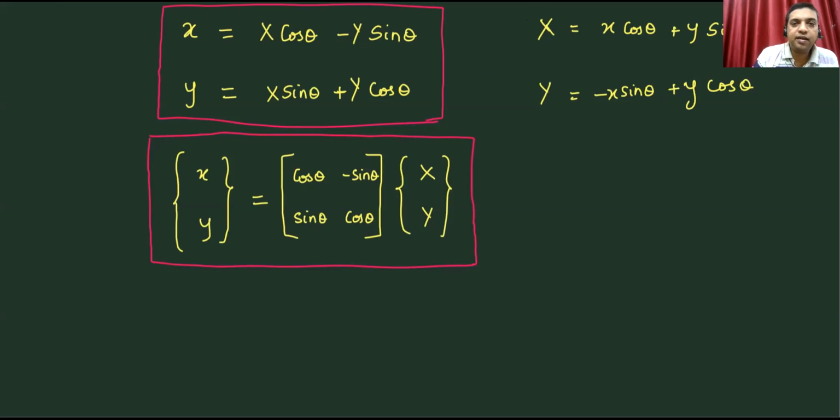Those who know the matrix inversion, if you don't know, do not worry about it. Once you do matrices, you will know. If you invert this matrix, AD minus BC is cos square theta plus sin square theta, that is 1. And then D, A, minus B, minus C is the inverse. So it turns out to be like this.